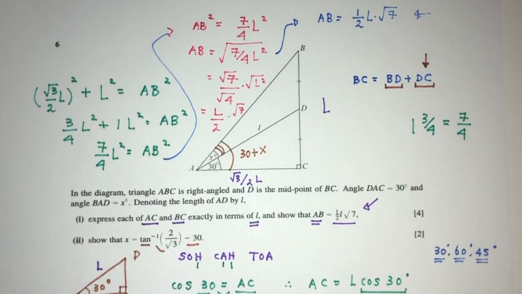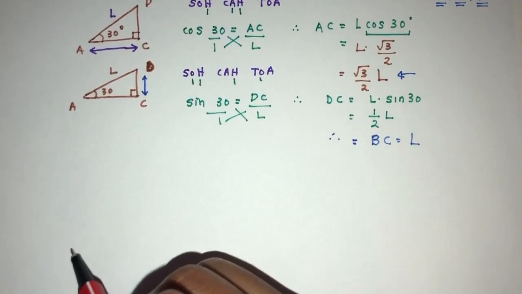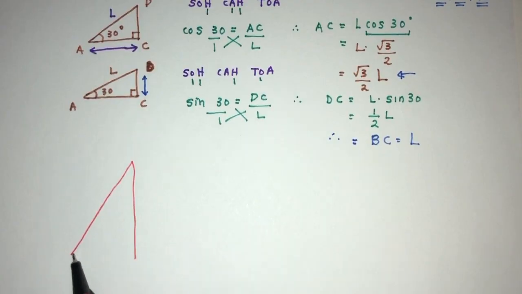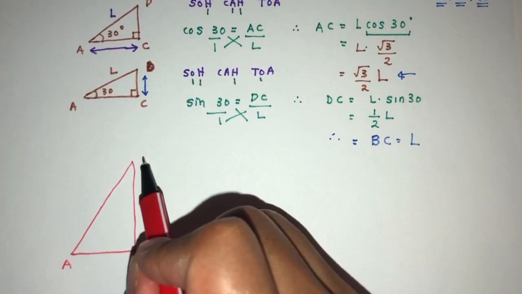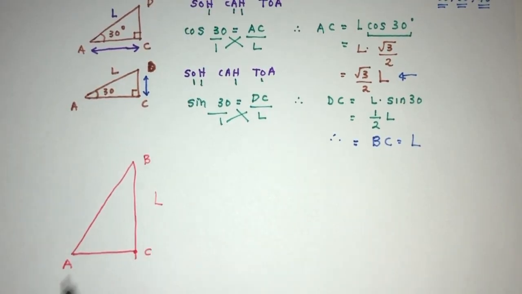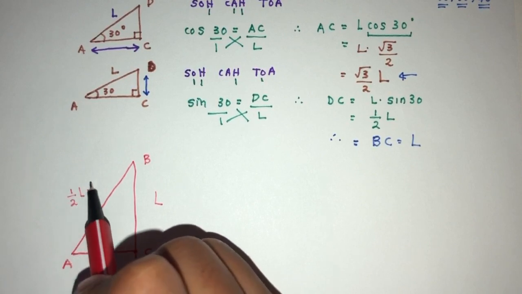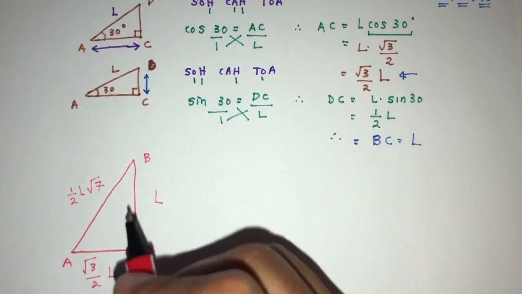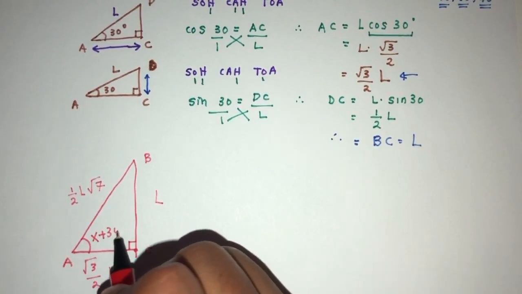Now, if you break this down, if you just take up the whole triangle, what do we have? We have this thing, A, B, and D. So C. This is C, this is A, and B. Now this was found to be L, and this was found to be half L root 7, and this was found to be the value of root 3 over 2 L, and this is 90, and this whole thing here is just x plus 30.